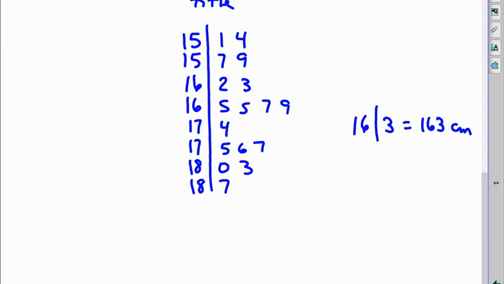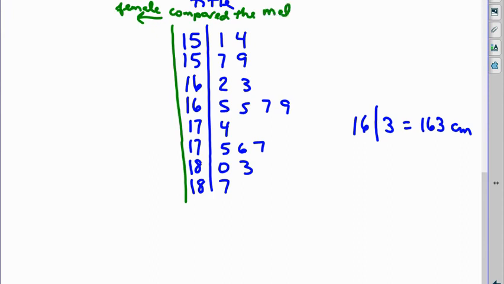And then this says, oh, well, let's do a back-to-back plot with the female data as well. And so the way that works is the females are actually going to go this way, compared to the males' heights. You know, these are the males, and the females are going to go the other direction.